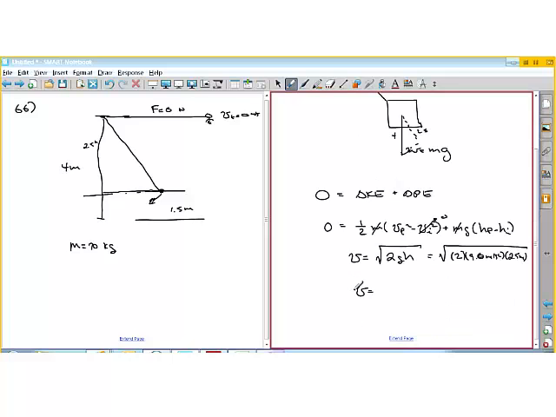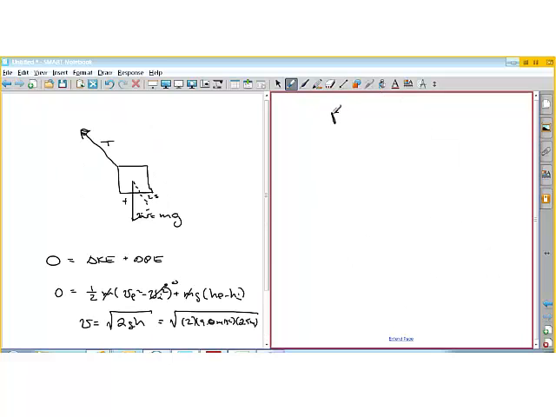And so what we would get is 2 times 9.8 times 2.5, raised to the 0.5 power, which actually turns out to be 7 meters per second. So that's the velocity. Then from that, you calculate the centripetal force, which is going to be the mass times the centripetal acceleration, which is equal to the tangential velocity squared over r.